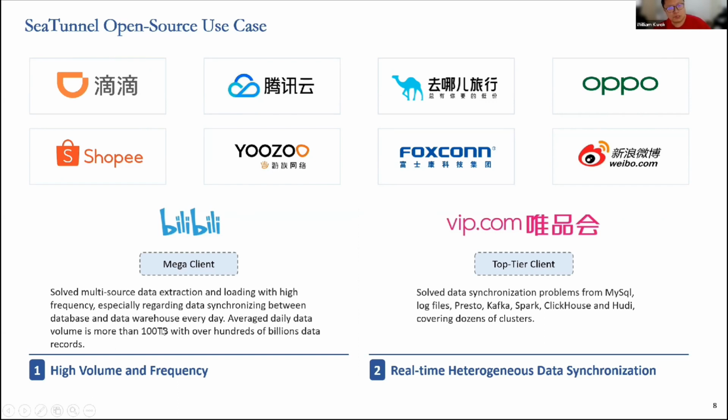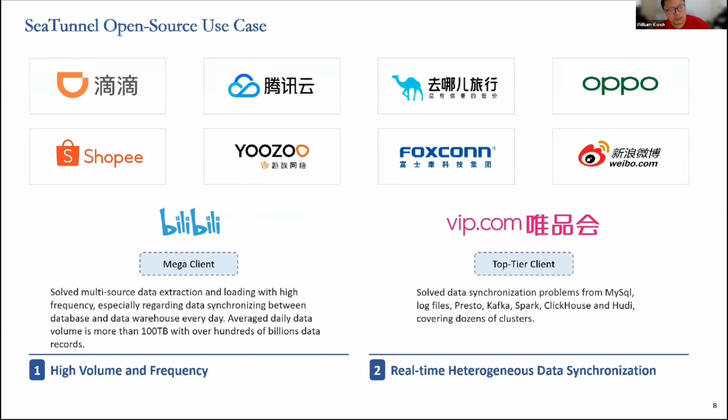For example, I don't know whether you use ClickHouse in your data platform. ClickHouse is running very fast, but inserting into ClickHouse is very slow. How do you improve the efficiency of loading data into ClickHouse? Actually, SeaTunnel is a solution.